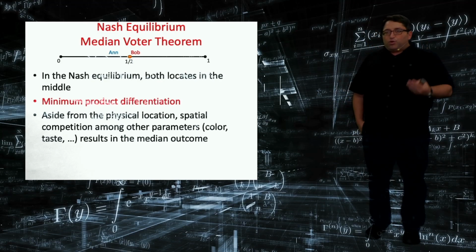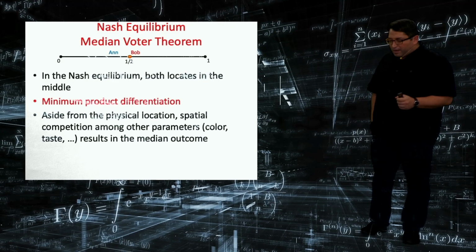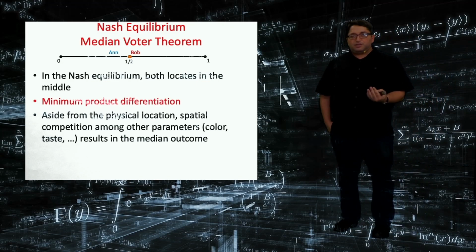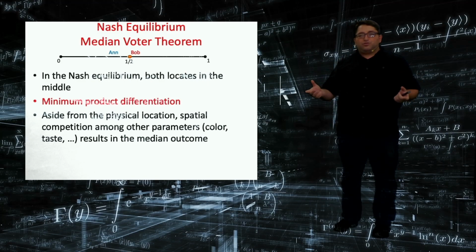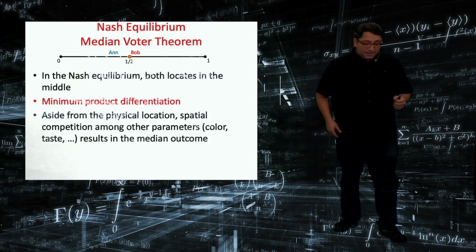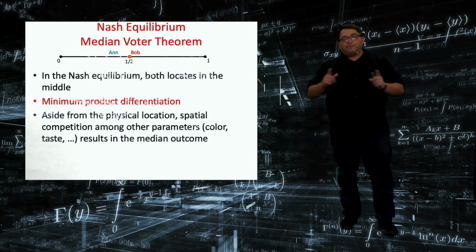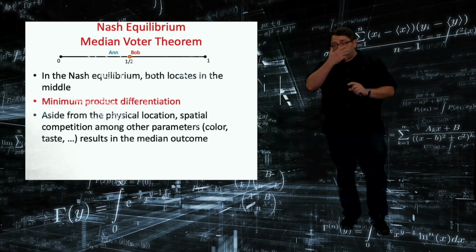So we observe this sort of equilibrium in many different contexts. Maybe not just physical location. If competition occurs on one spectrum, it can be the taste of the ice cream, or for another good, the color, the size. So we see that if there are two competitors, they will converge at the same point.